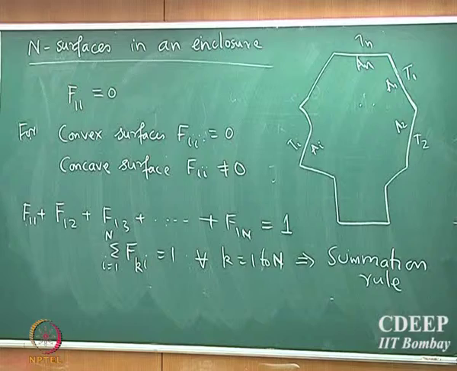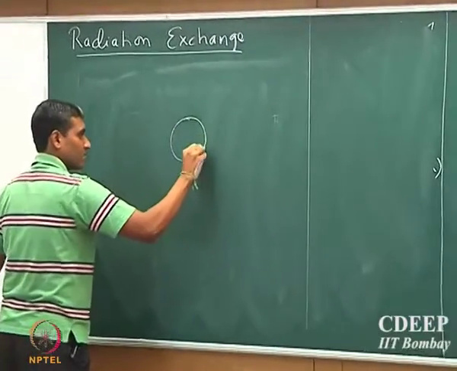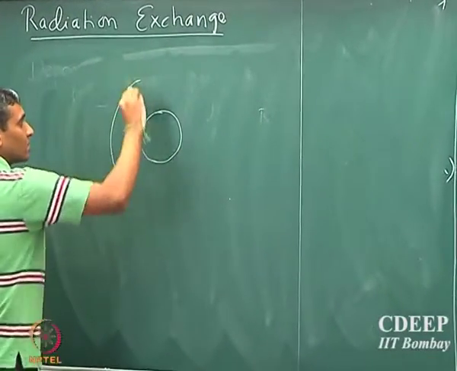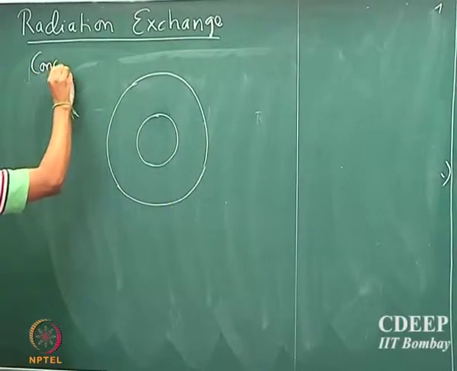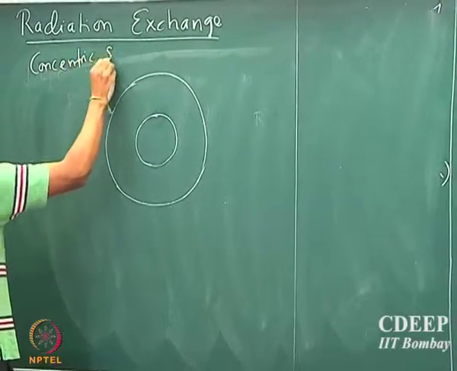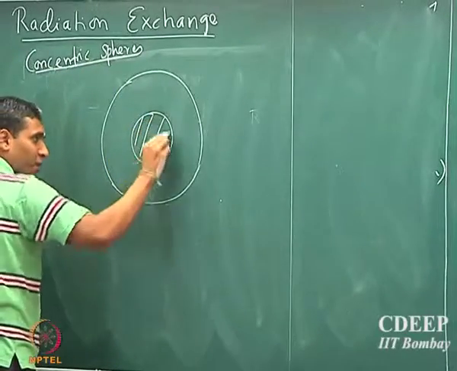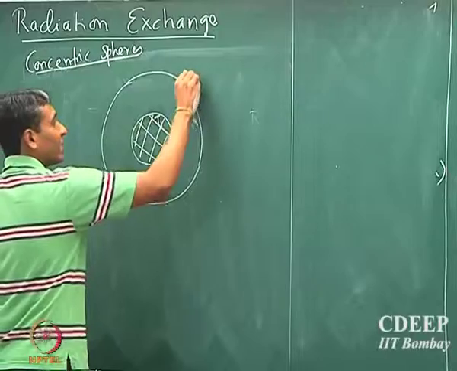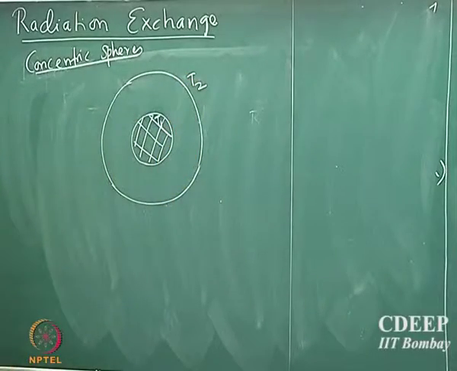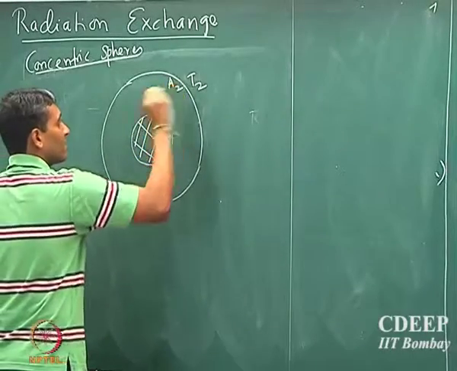Let us take a specific example where this is applied. So let us take the case of concentric spheres, and let us assume that this is a solid sphere in between, and there is a vacuum space, and this is maintained at some temperature T1, and this is maintained at some temperature T2, and the curved surface areas are A1 and A2.